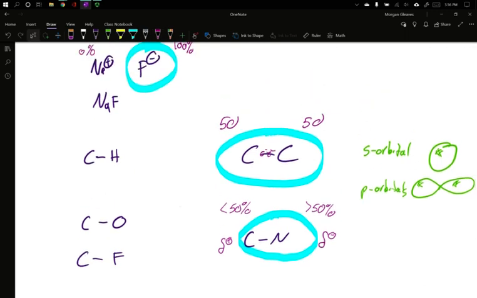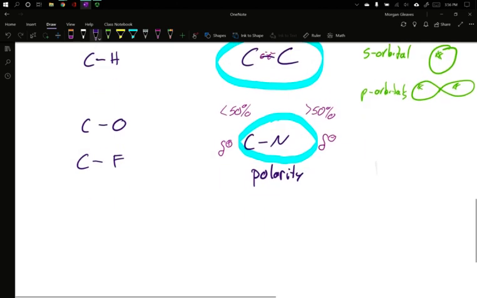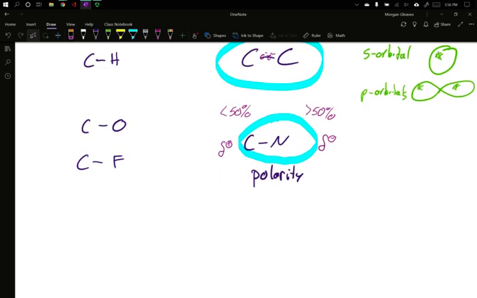Opposite charges attract. You can have a covalent bond that has charge on it, and that causes it to be attracted to other covalent bonds that have charge. This is polarity. Poles on a magnet, the north and the south, the positive and negative. Well, if our bond has a positive and negative side, then it has polarity. It is a polar bond.